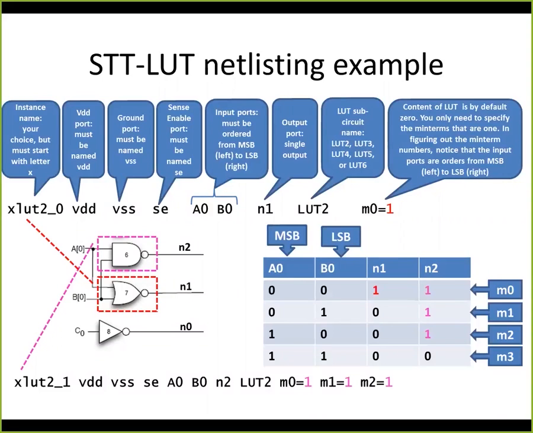For example, here we can see 2 gates mapped to 2 lookup tables, 2 inputs, that can be expressed in a SPICE netlist format. And the content of the lookup table, according to the desired function, can be expressed by specifying the min terms that are 1.